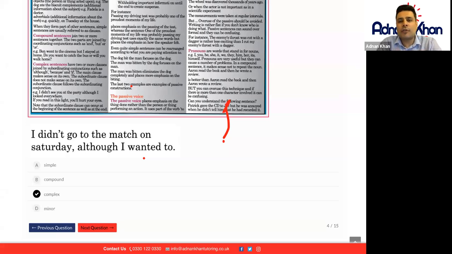Always remember, if you get confused between main clause and subordinate clause, a main clause is the main part of the sentence. A subordinate clause is a secondary part of the sentence, which you don't really need to know about. Even if the subordinate clause was not there, you would still get your main information.